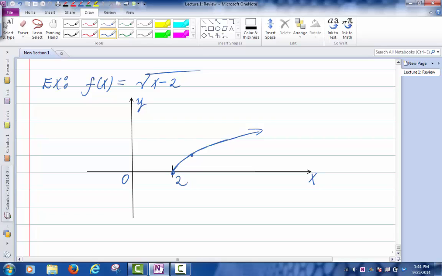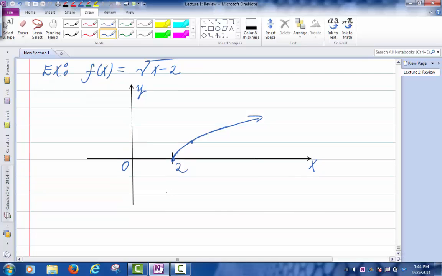However, we are going to say that this function is continuous at 2 from the right. Notice in this case the limit as x goes to 2 from the right side of 2 of the function f of x is the same as the value of the function at 2, right?